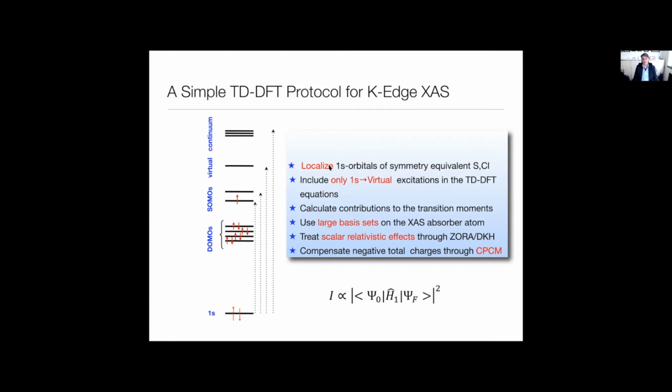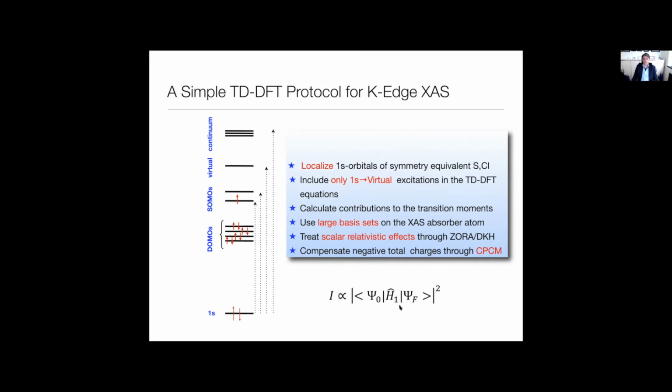So simply all other interactions are neglected, and that typically is quite a good approximation. And then you calculate the contributions to the transition moments. You will typically use quite large basis sets on the XAS absorber atom in order to treat electronic relaxation, and you will get much better transition energies if you include scalar relativistic effects.